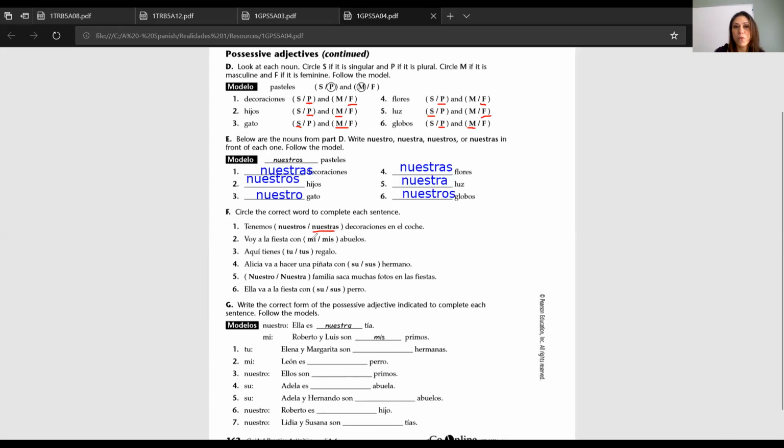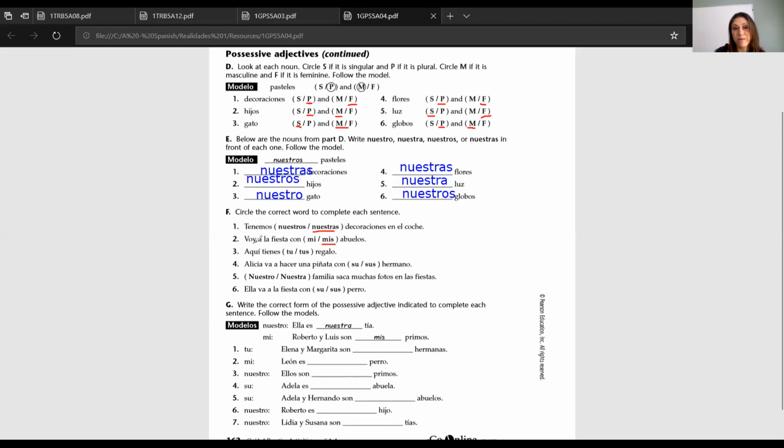Go ahead. Voy a la fiesta con mis abuelos. Good. It would be mis, but translate the sentence first. Voy, remember that verb, ir? It's the yo form.